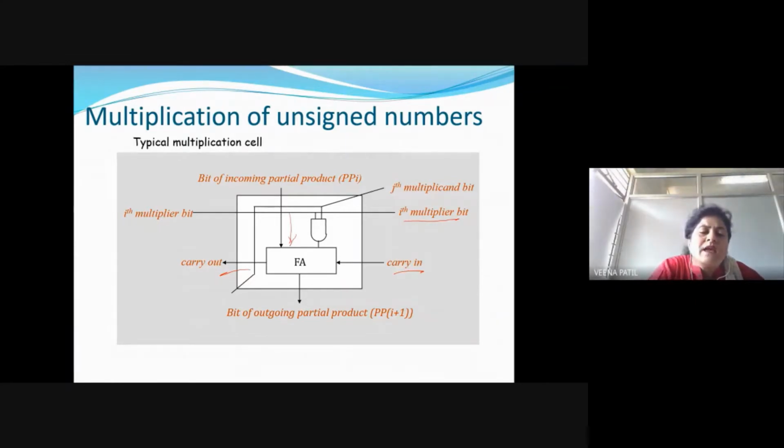So this I use as a single block, this circuit. Okay, this is for 1 bit addition.